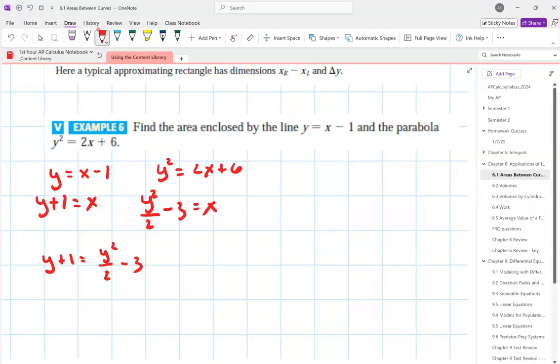So what kind of an equation do I have here? It's quadratic, right? You see the y squared and the y to the first are my only variables. To solve a quadratic, I want to get it all onto one side. It has to equal 0. So I'll subtract the y over and then subtract the 1 over.